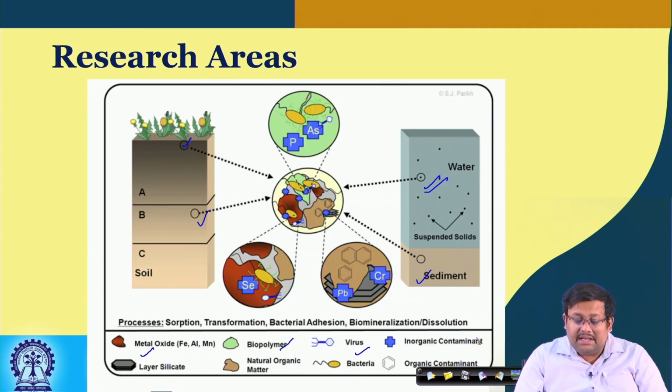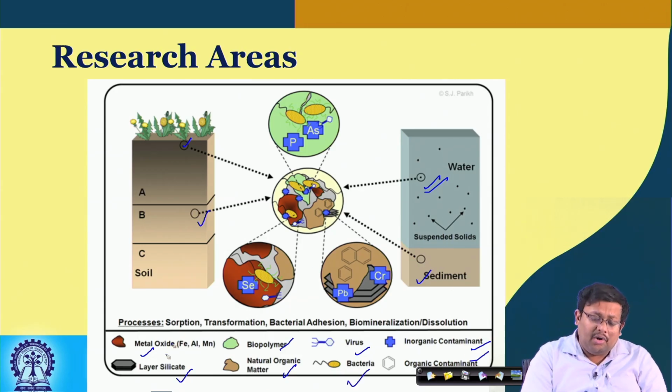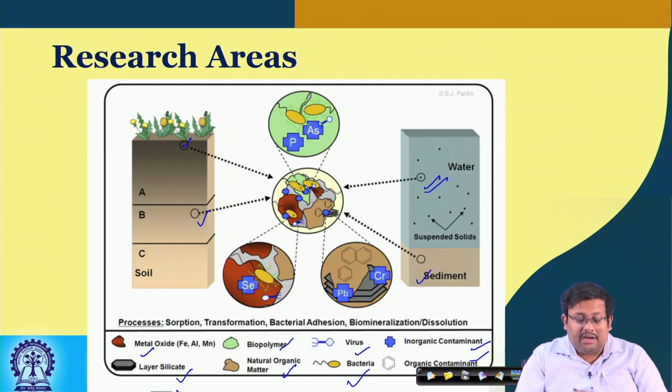and then virus, inorganic contaminant, layered silicate structures, which we will discuss in the next week. So, layered silicate structure, then natural organic matter, bacteria, organic contaminants, all these are very important, and all these play an important role while we are talking about environmental soil chemistry. Research in advanced countries, in western countries, is basically going on for these metal oxides and all these individual components.